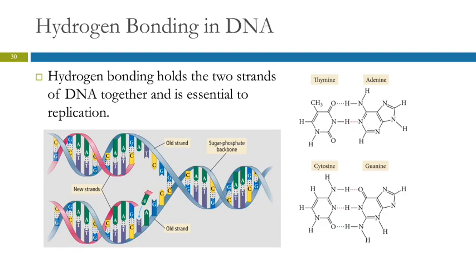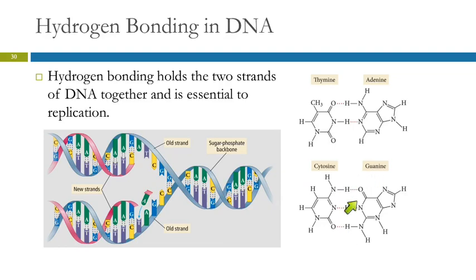DNA is composed of a sugar-phosphate backbone, and then on that chain, almost like charms, you have these different bases hanging off of them, and there's 4. There's thymine, adenine, cytosine, and guanine. And because of the shapes of these bases, thymine and adenine can form 2 hydrogen bonds with each other. They go together very well. They just link up beautifully.